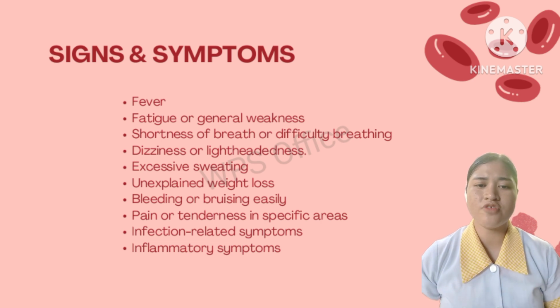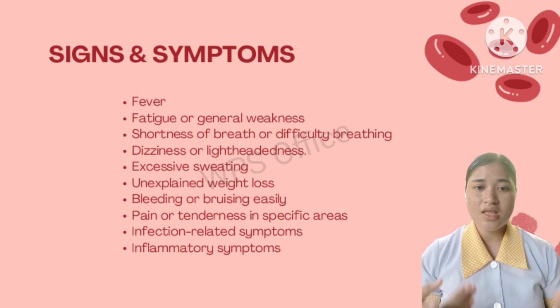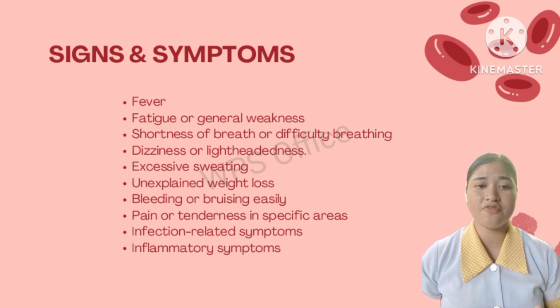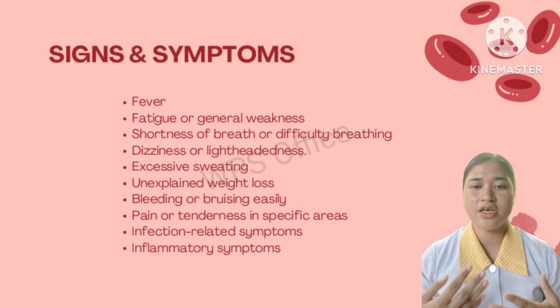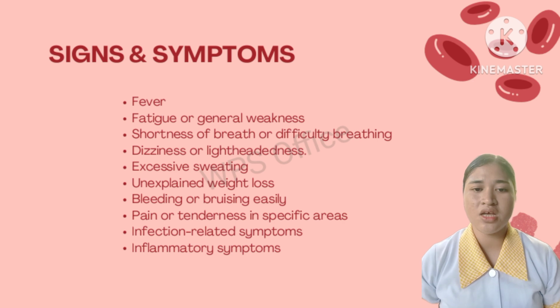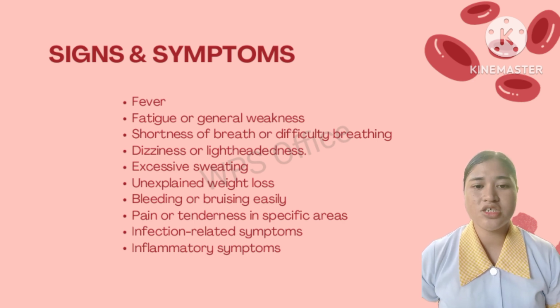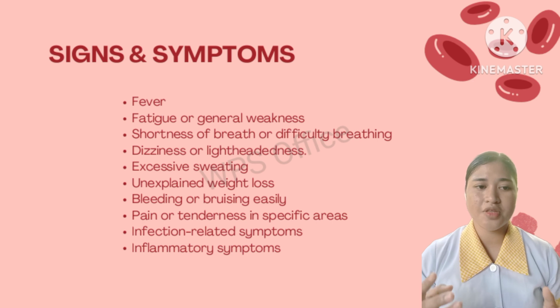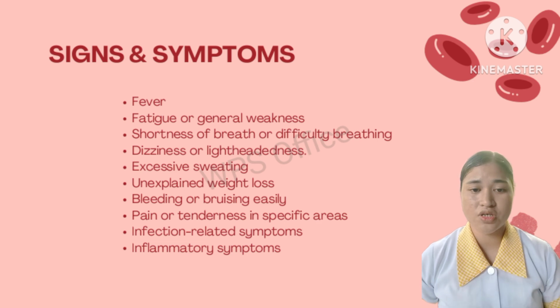So in fever, it is often due to an underlying infection or inflammation. However, in shortness of breath or difficulty breathing, particularly if leukocytosis is caused by lung or respiratory issues. And then in excessive sweating, it arises especially at night. And then the pain or tenderness in specific areas such as the abdomen or joints.